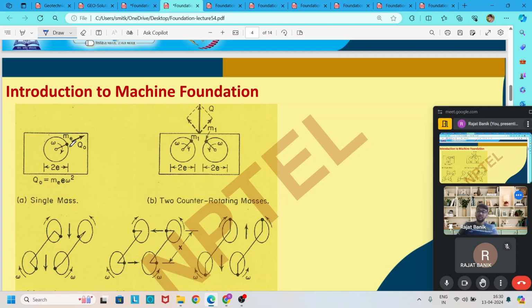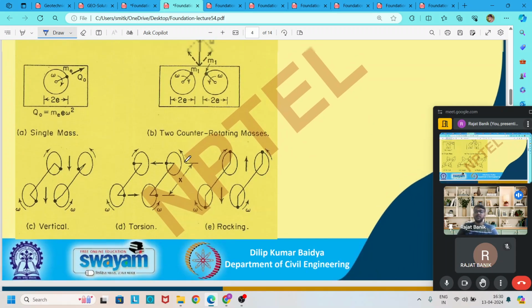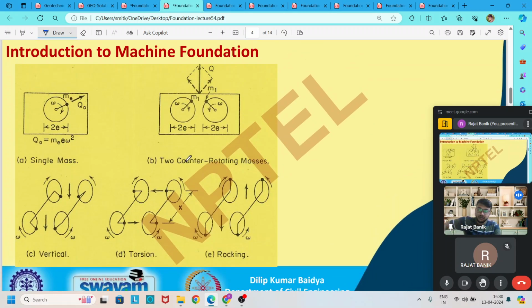By this rotating mass, we produce different types of vibration like vertical vibration, torsional vibration, and rocking vibration. If we arrange it this way and maintain this arrangement, then this vibration is in the vertical direction.